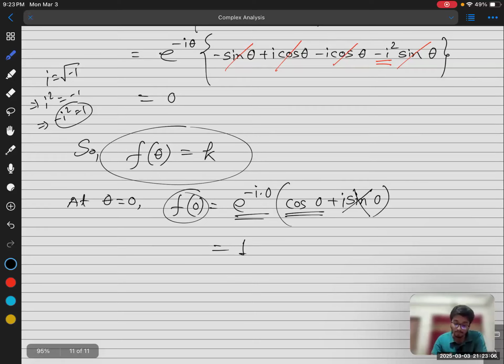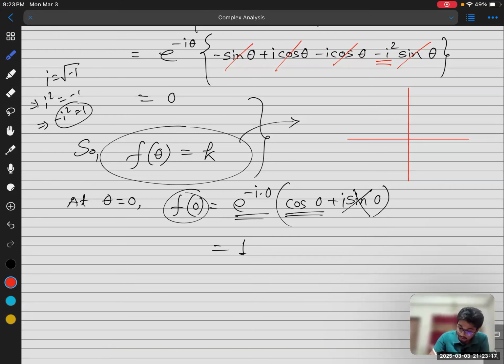So in the previous statement we said that f(θ) is a constant function, and this is a one variable function, and if we graph it, it will be something like a constant function, something like this. Every time its value is going to be the same.